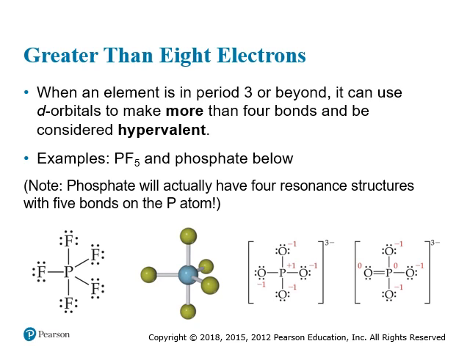For example, we started our discussion of drawing Lewis structures with phosphorus trichloride, a molecule in which all atoms saw the octet rule satisfied. But there's another molecule involving phosphorus known as phosphorus pentafluoride, in which we see phosphorus not obeying the octet rule.